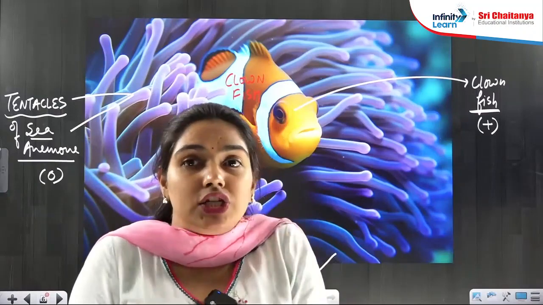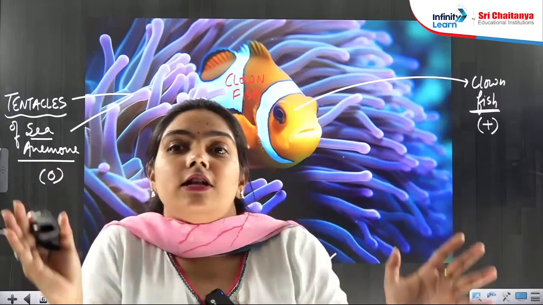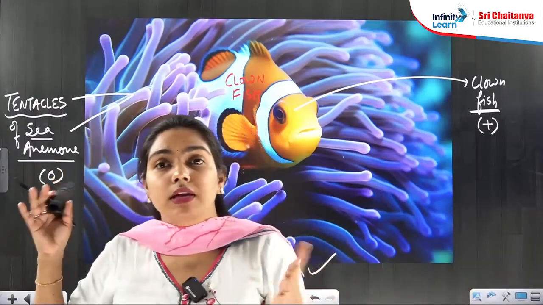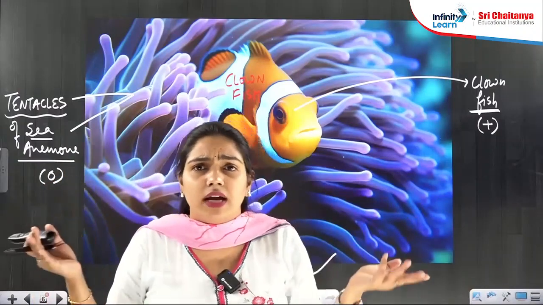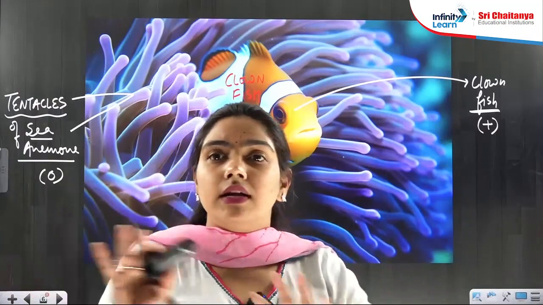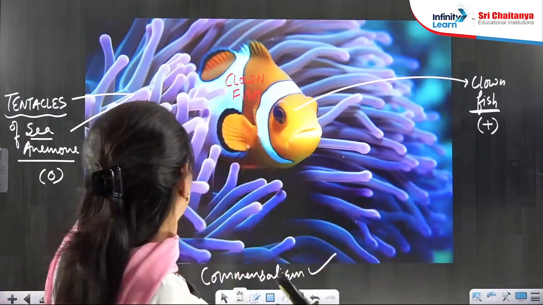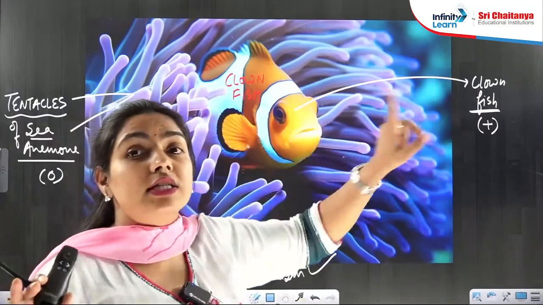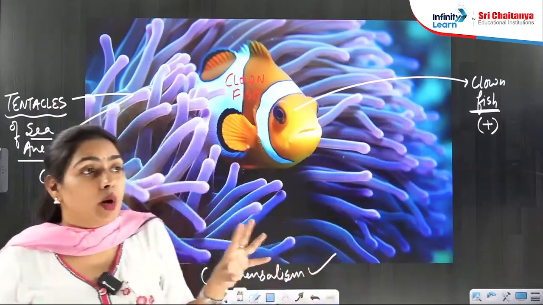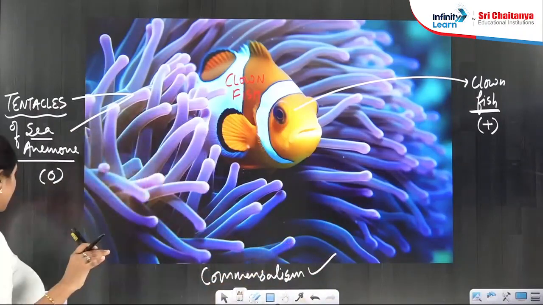Clownfish is getting protection in between the tentacles. So sea anemone is not bothered. Okay, you can come, I don't have any problem. So you understood commensalism? Okay.